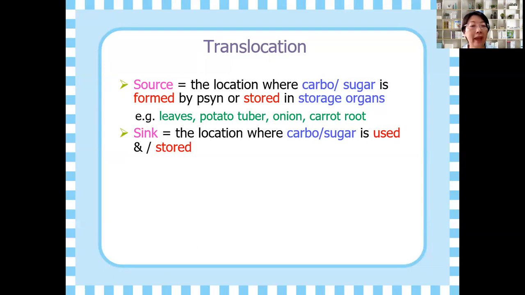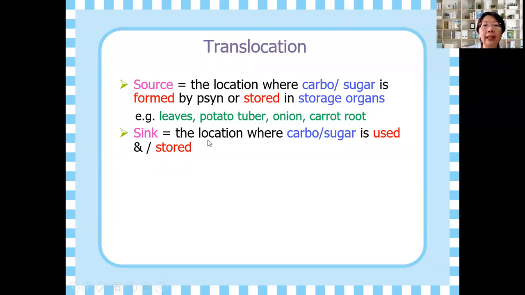Like, for example, carrot, storage in the root, or potato is a storage in the stem tuber, right? Storage organs can be the source. So it's not only the leaf, it can also be the root or the stem. So leaf, potato tuber, onion, carrot root, they are all the source.